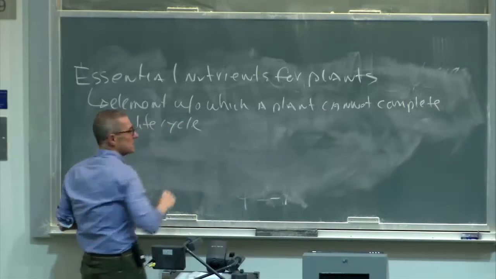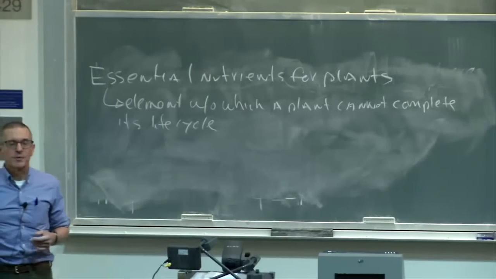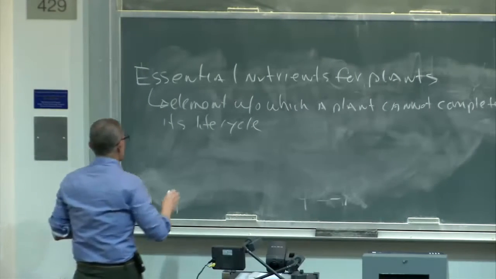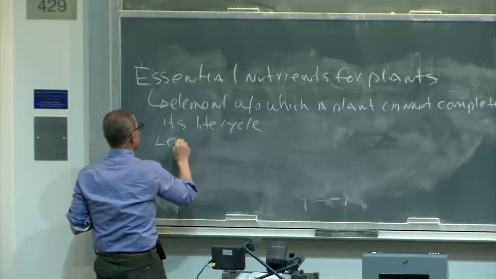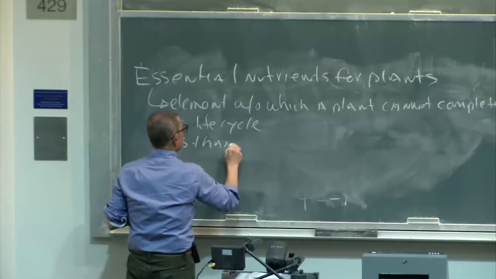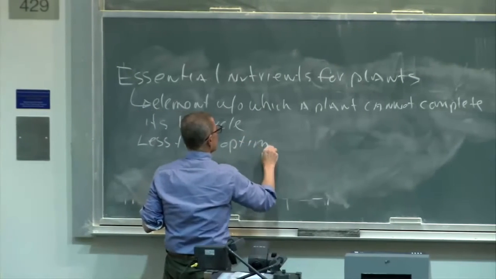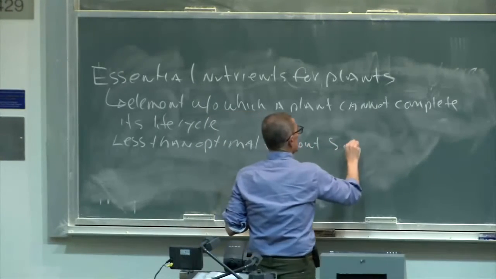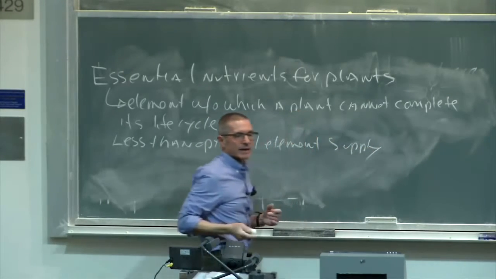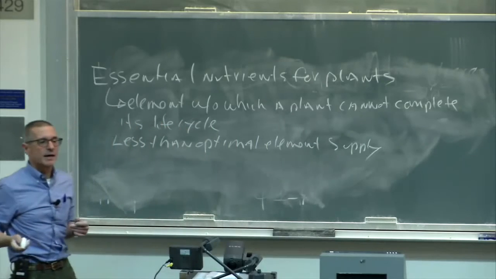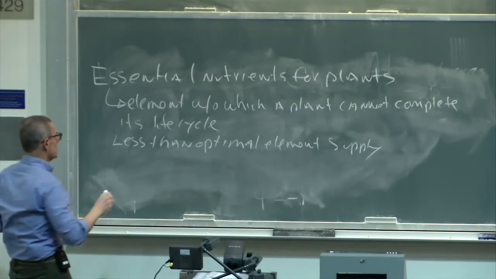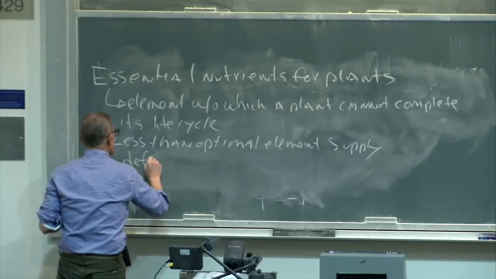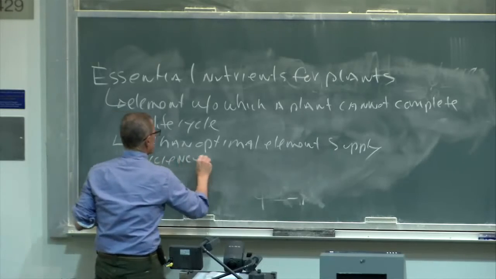Now, in most cases, no element is completely absent from the environment, and so the less than optimal element supply doesn't result in the death of the plant, but results in things that are known as deficiency diseases.